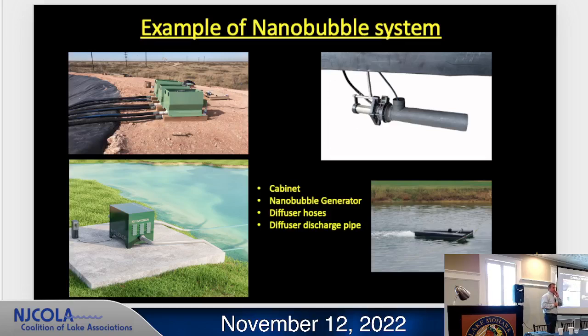What it does is it creates these, with compressors, generators, tiny bubbles that are released. It's generated in here and sent out into these straight tubes. Typically they're not a diffuser head, it's just literally like a 2-inch hose going out to the lake. This one's a floating one, and it creates a nanobubble.